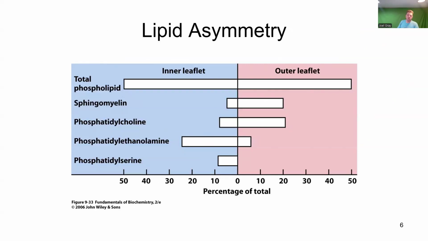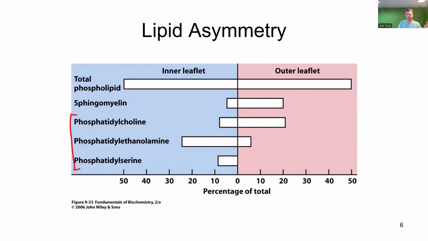Now, when it comes to the distribution of different lipid components in the inner and outer leaflet of a lipid bilayer, the distribution of your total phospholipids is 50-50. So it's not like the inner leaflet is thicker than the outer leaflet. It's an even distribution. Now, the components, here we have three glycerophospholipids.